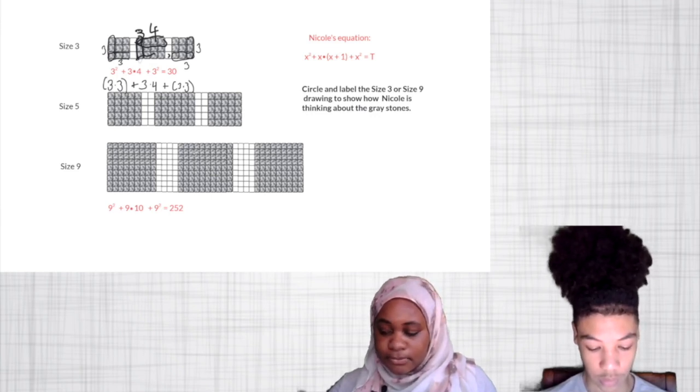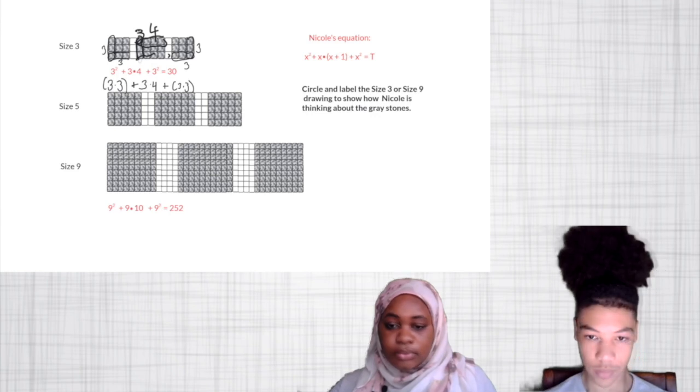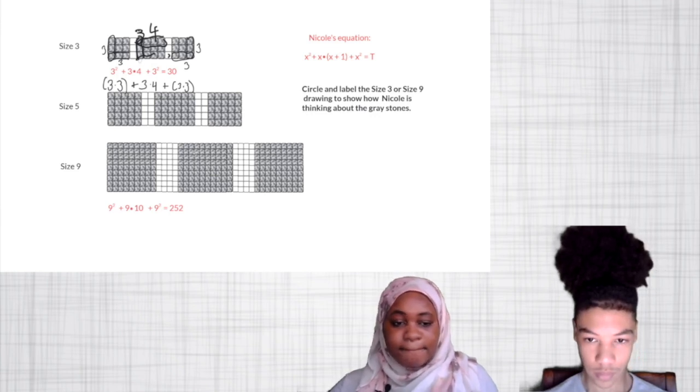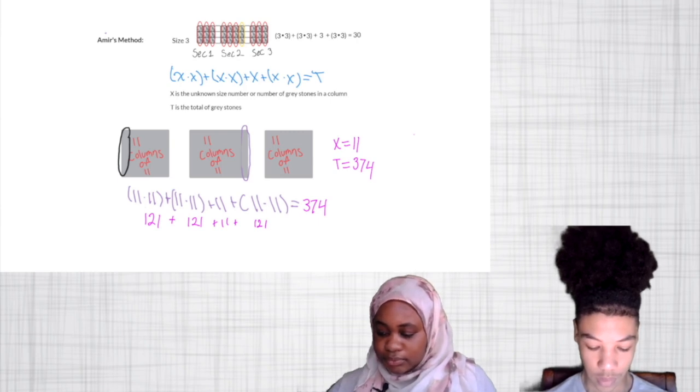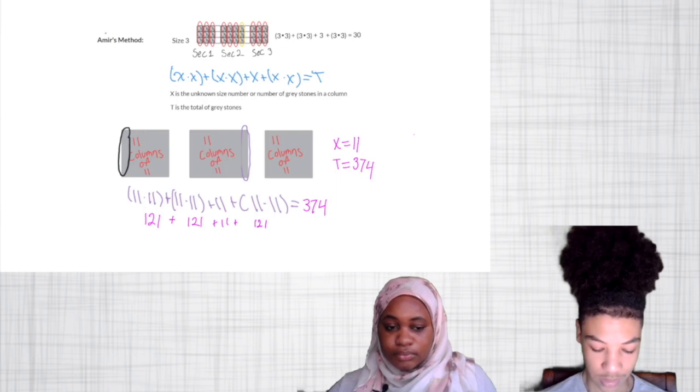It's going to be the equation that they're going to use to find the total number of tiles in that one section. So what did the multiplication mean back here for 11 times 11? 11 times 11 represents the 11 tiles in one column and 11 columns in one section.